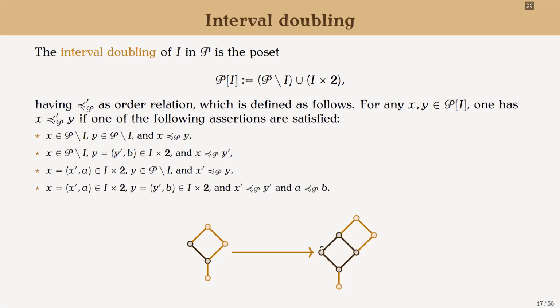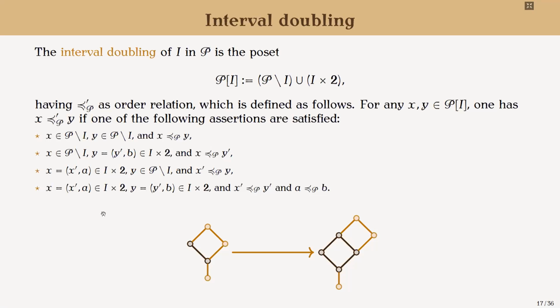Then when we double, in U prime and U, we have X smaller than U if it was the case between this element X and U prime.